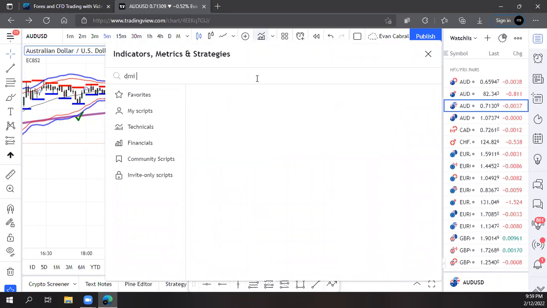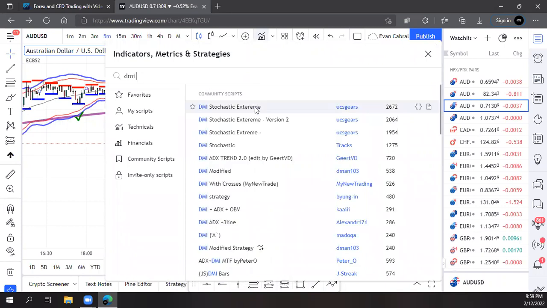So DMI stochastic extreme. Once you type that, you're going to see different DMI stochastic ones. Sorry, let me just accept these other two people here. You're going to see DMI stochastic extreme, and the one that says version 2. You see so many ones.